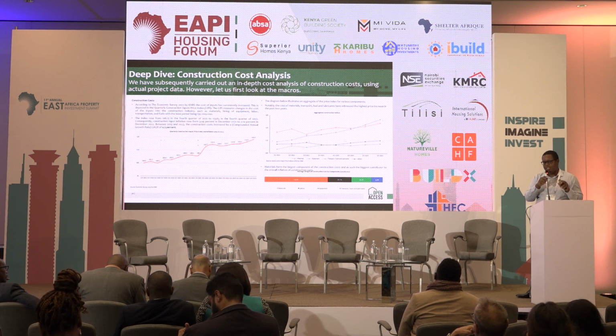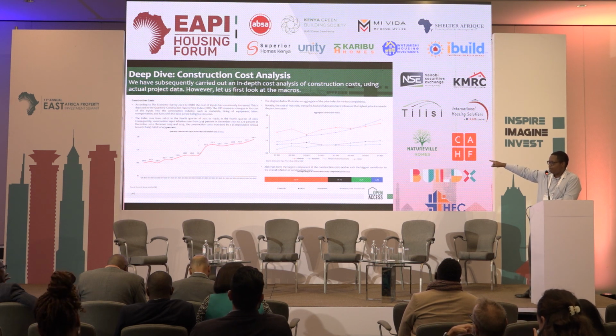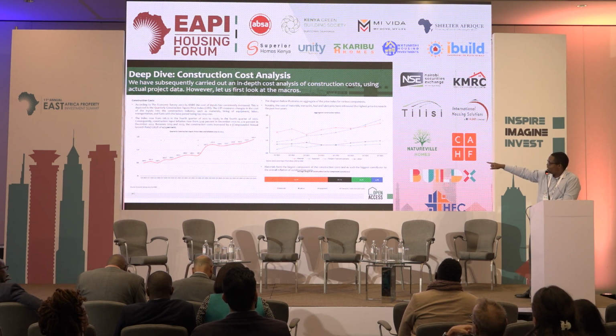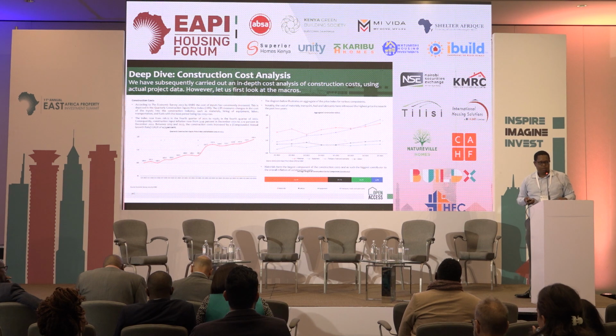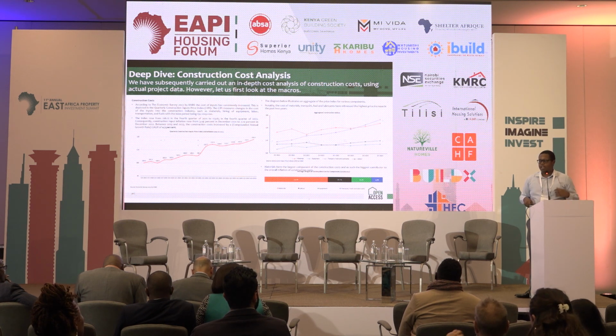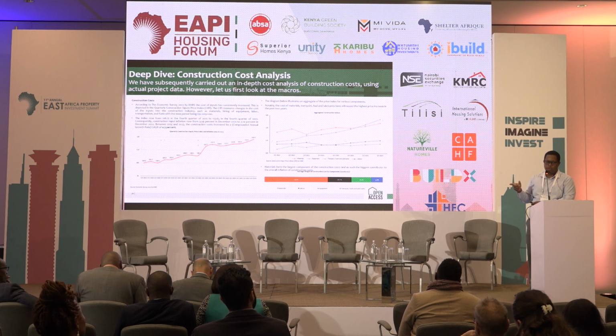Now, what is interesting to note is the green line, which is the cost of labor. It hasn't increased at the same rate as the other inputs. It is good for developers when the cost of labor doesn't increase, but when you look at labor as an income metric, because remember, it's a cost on our end, but it's an income on the household end, it means then affordability has also not improved over the same period of time.